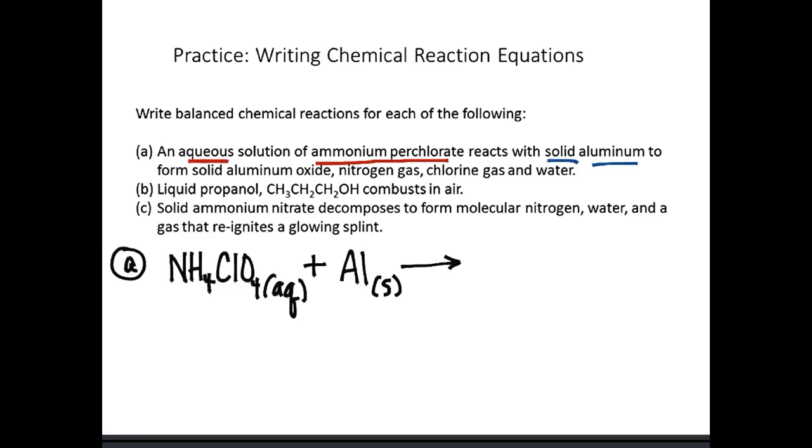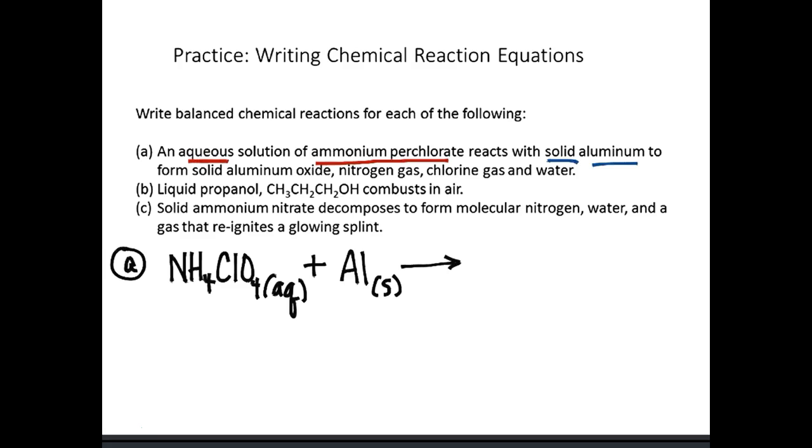Some elements exist in a diatomic form, and those include hydrogen, oxygen, nitrogen, and all of the halogens, so group 7A. A few of them also form unusual allotropes, like there's an allotrope of sulfur called S8, and there's an allotrope of phosphorus called P4. Other allotropes like those, I will tell you what they are. And if you don't know, just write a single atom, like you see here, a monatomic aluminum. If it's not diatomic, then I would expect you to just write it monatomic like this.